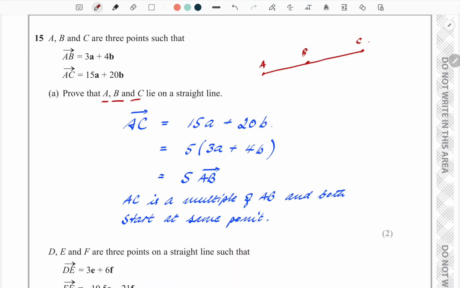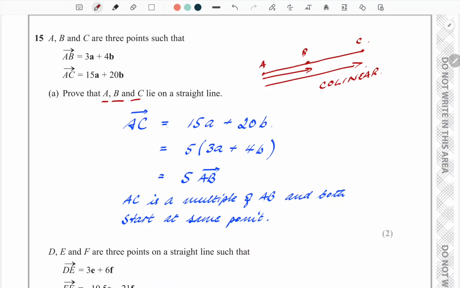First we're given AB, and then we're given AC, and we need to prove that all 3 are on the same line. So they're collinear, for those of you who like the technical terms.